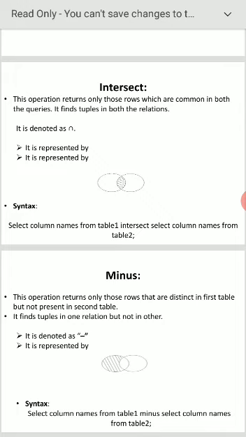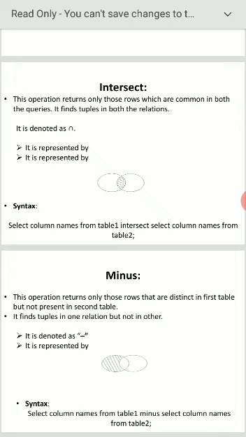Union will combine the rows in both tables, but distinctly. If the same rows exist in the second table also, it will extract them only once. Whereas intersect will extract only the common rows in both the tables.